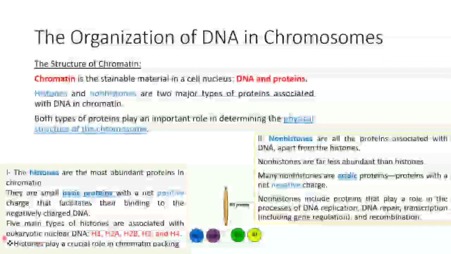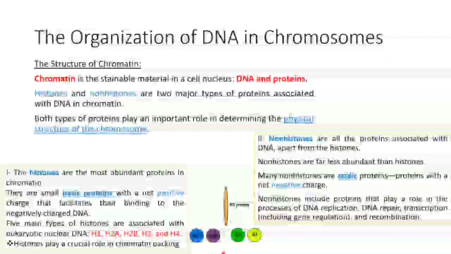Because they are composed of basic amino acids. And why do we need basic, positive charge in the histones? Because the DNA is negatively charged. You know the DNA is composed of nucleotides, and in the nucleotide we have a phosphate group which is negatively charged. So if the DNA is negatively charged and the histone proteins are positively charged, plus or minus, what will they do, guys? Attraction. So this way we can bind the protein to the DNA.